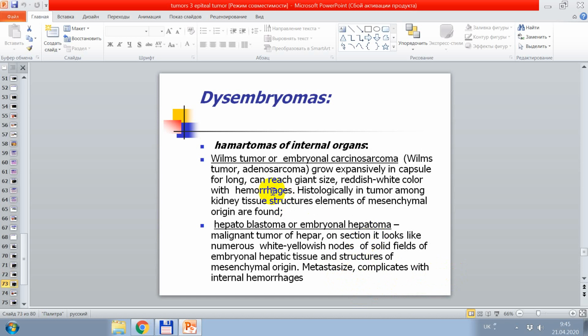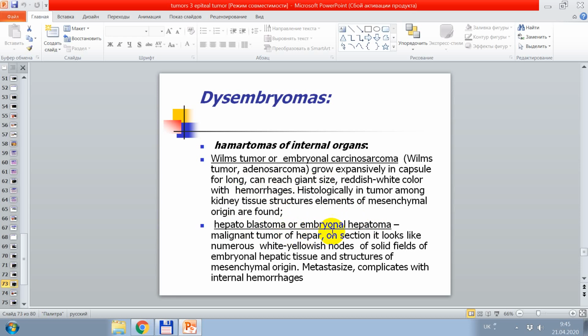Wilms tumor or adenosarcoma grows expansively in a capsule for long, can reach giant size, reddish white color with hemorrhage. Histologically, among kidney tissue structure, elements of mesenchymal origin are found.